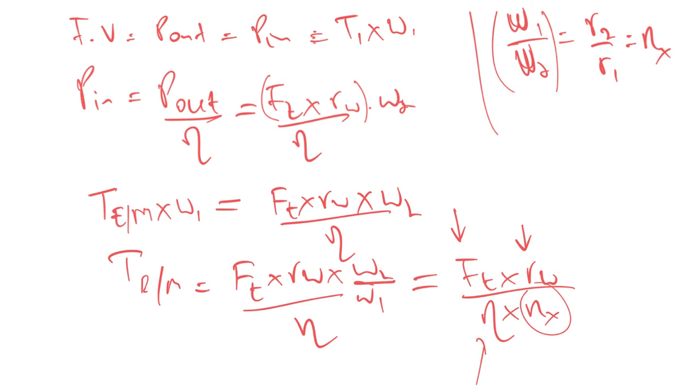That translates to obtaining the tractive force at the shaft of the engine or of the electric machine. All right. So we were able to move from the tire to the engine or to the electric machine, to find what level of torque is required at the engine or at the electric machine.